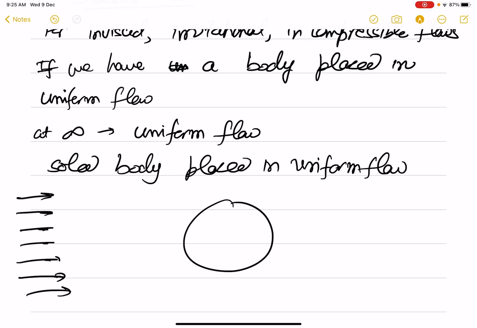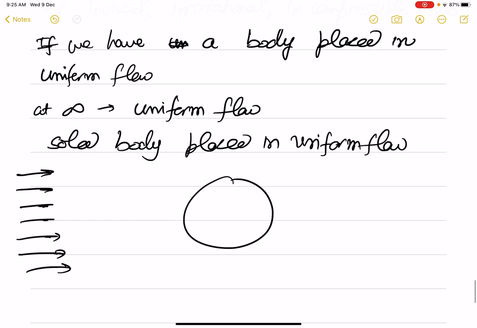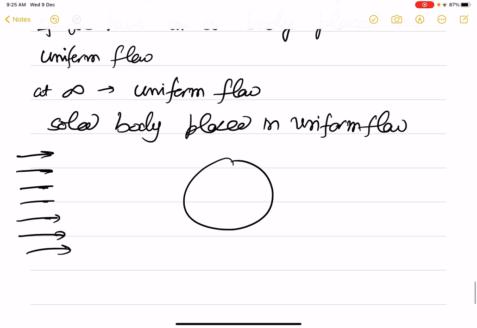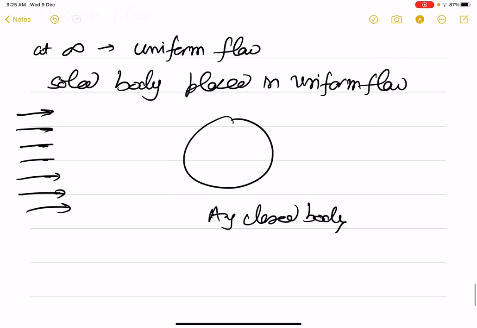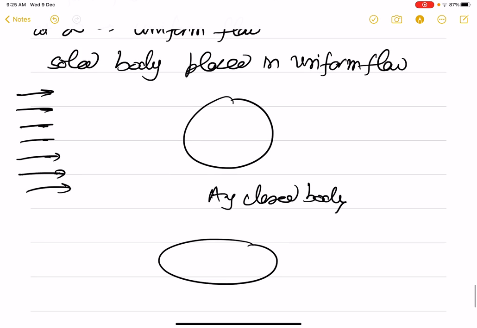That means if you look at one of the streamlines, it turns out to be a closed circle. The streamline may be just a part of the streamline. It need not be the full streamline. So if we have a pattern like this, this shape could be anything, it need not be a cylinder. So this is any closed body. I've shown it here as a cylinder, but it could even be an elliptical shape with uniform flow.